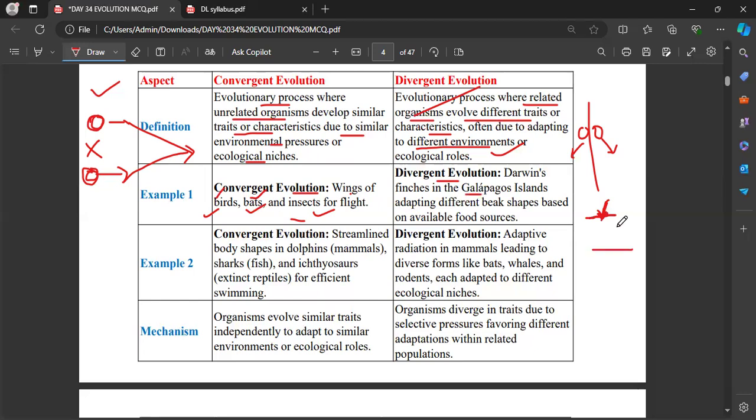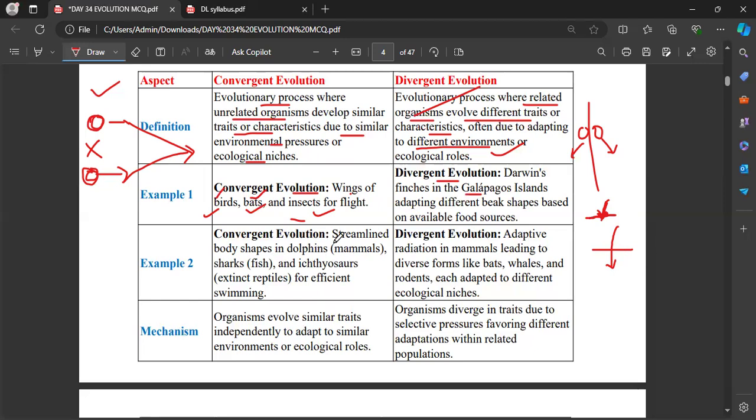But some of the finches had to get seeds by digging into the surface. For that, the beak structure has to be a little more evolved. So though they are related species, based on the availability of food sources, the beak size is changing. That is what divergent evolution is.